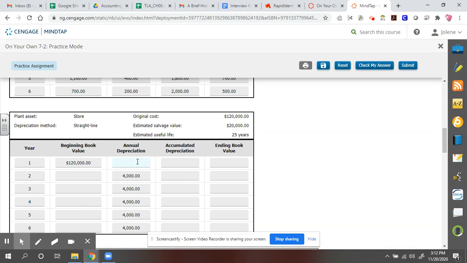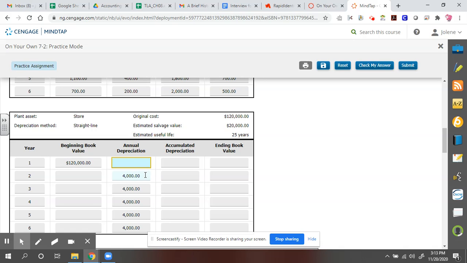So this has to reflect that. They only used it 3 of 12 months. So if you want to divide 3 divided by 12, what do you get? 3 divided by 12, you get 0.25, a quarter of a year, 0.25, times 4,000.